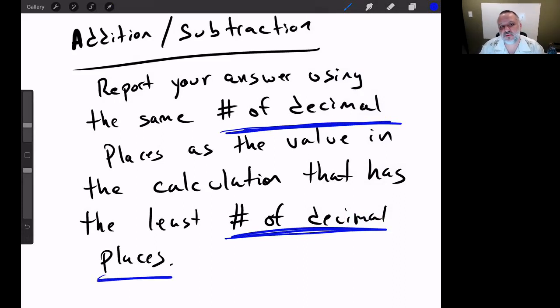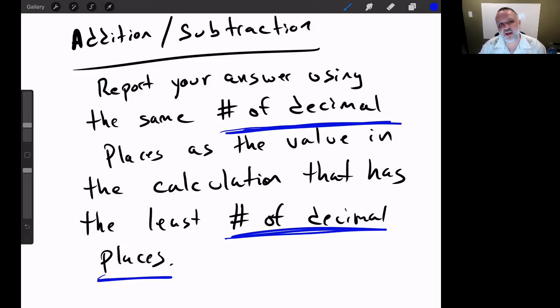So let me make sure that we're getting this straight, right? In order to use addition and subtraction and report your answers with the correct number of significant figures, we count decimal places. And this is a completely different rule than multiplication and division. In multiplication and division, we are counting the number of significant figures.